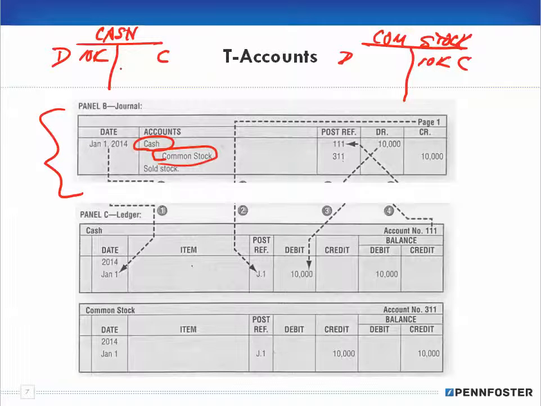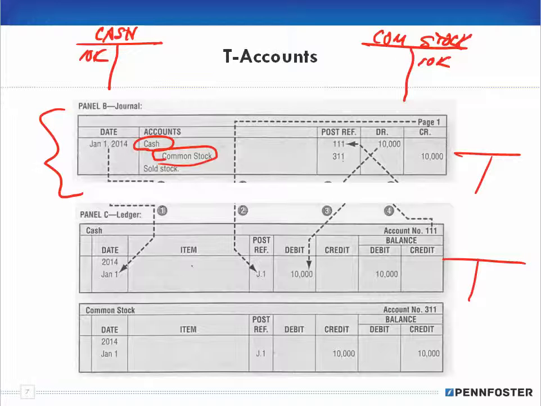And I can see that my debits equal my credits. Now, this becomes more important when you have more than two accounts. It's a lot easier to see your debits and credits when they're, sure, this is very easy. 10 and 10, right?